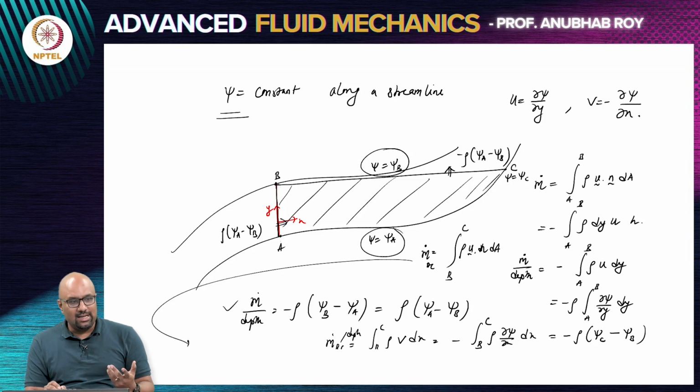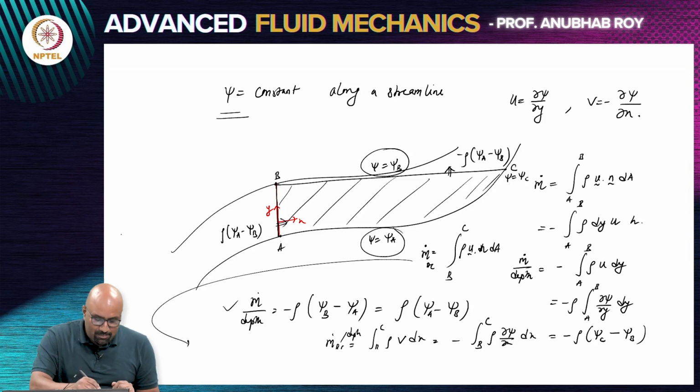So, what you have now seen is that the stream function has a meaning. The stream function, besides giving you the velocity field, besides being that scalar function that gives you all two-dimensional incompressible flow, is also related to the mass flow rate per unit depth.